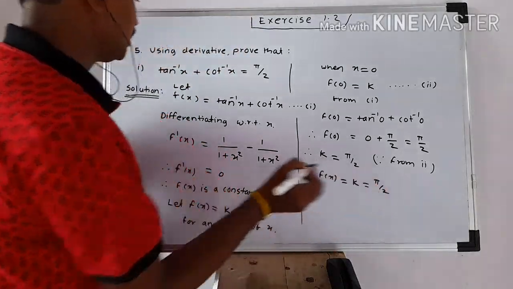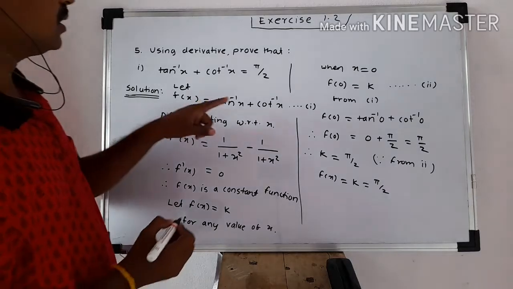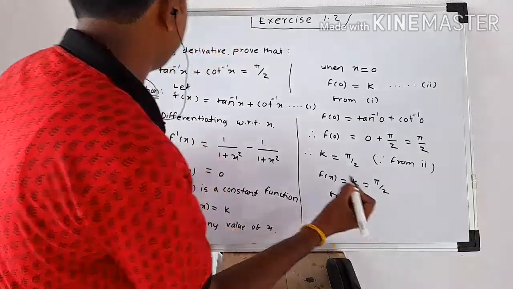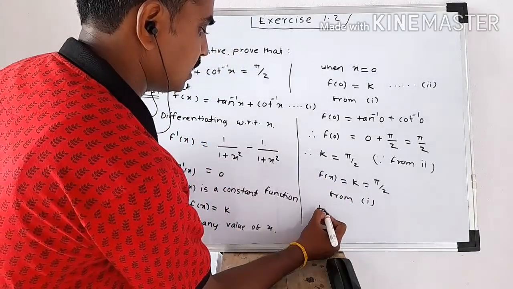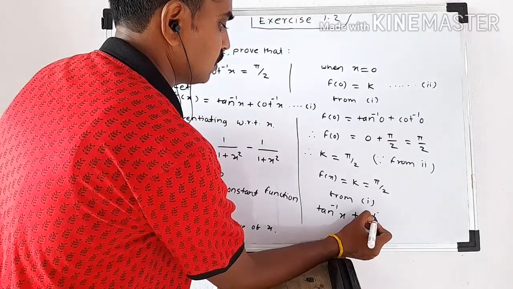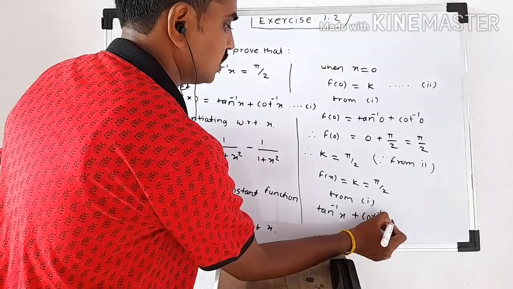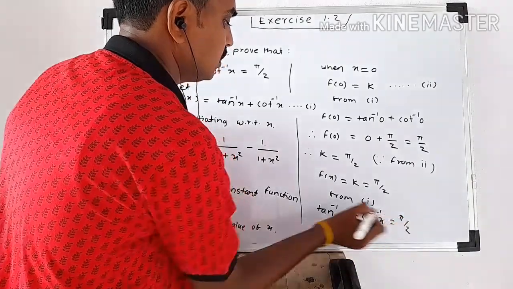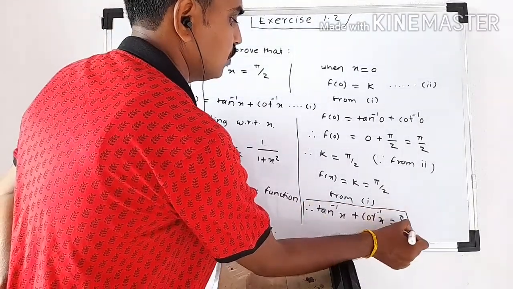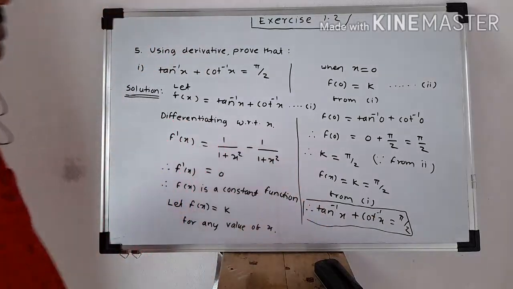Using equation 1, we get the required result: tan inverse of x plus cot inverse of x is equal to pi by 2. This is the result we wanted to prove by using differentiation.